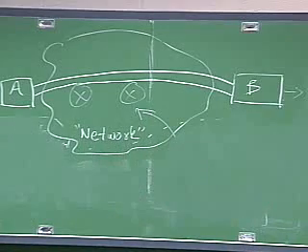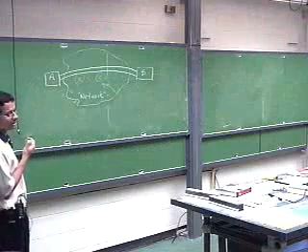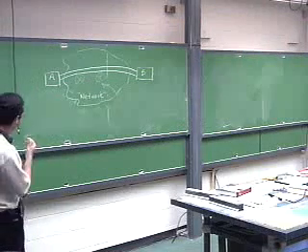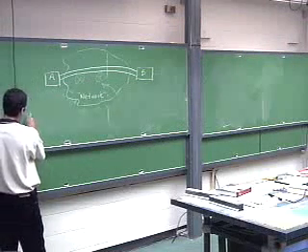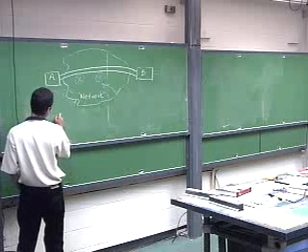Now there are more ways to define these nodes which reside on the network edge or the end systems. One way to define them is by the client server model.